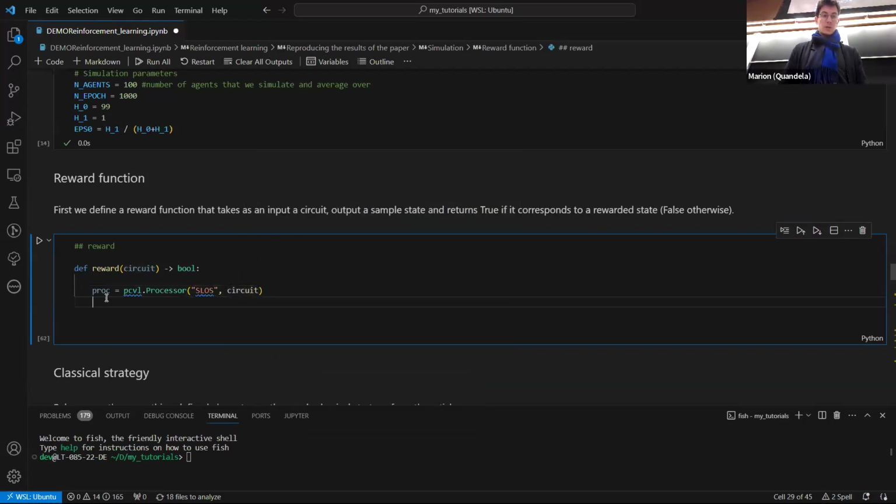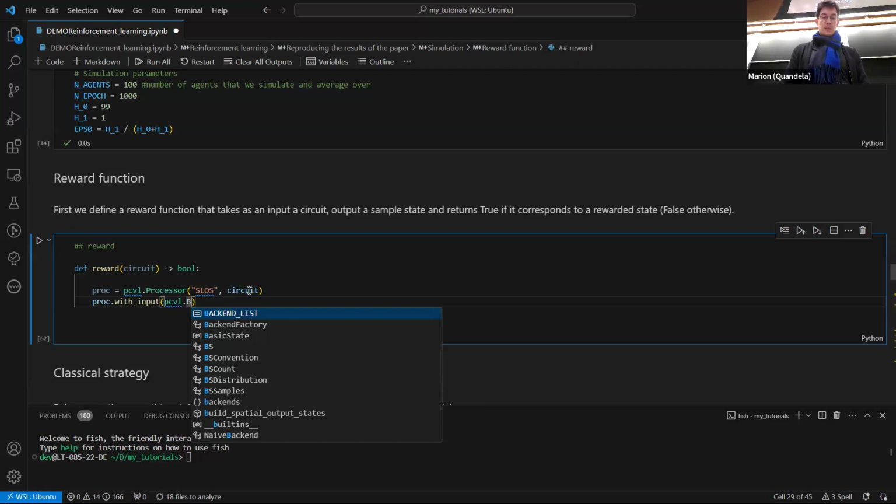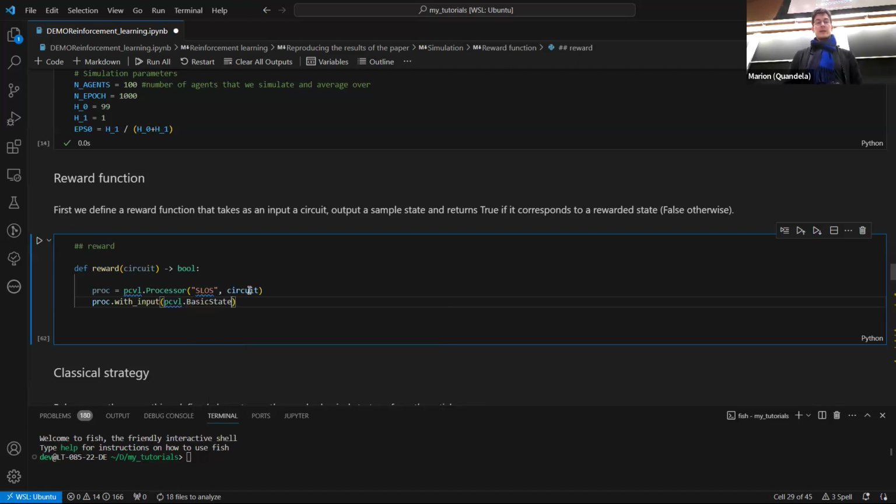It's going to take this circuit within the processor. Then I'm going to put an input to this processor. So to put an input, I need to create a state. If you want to create a state with Perceval, you have two ways. Either it's a basic state, which is just one instance of a Fock state.